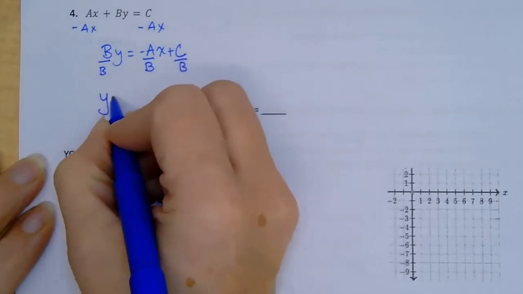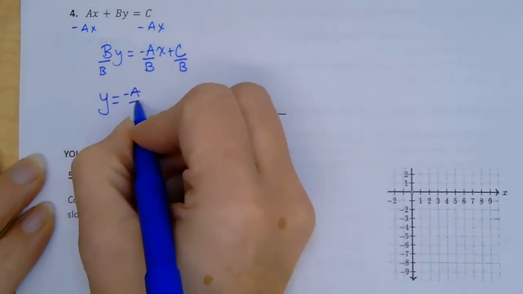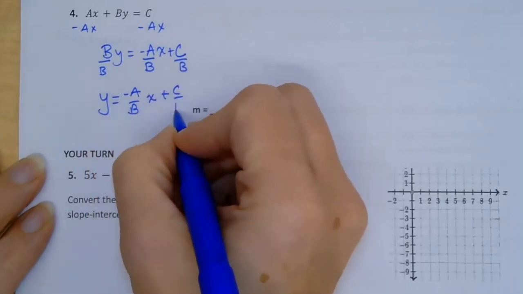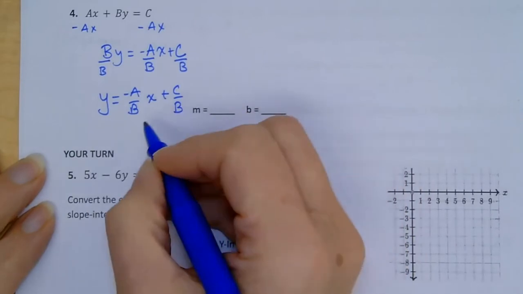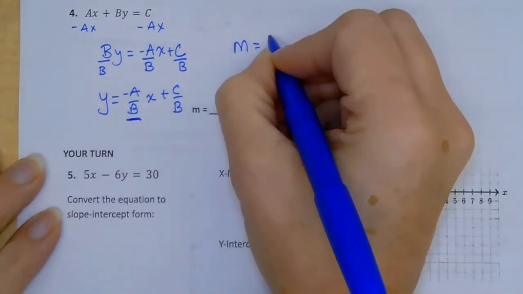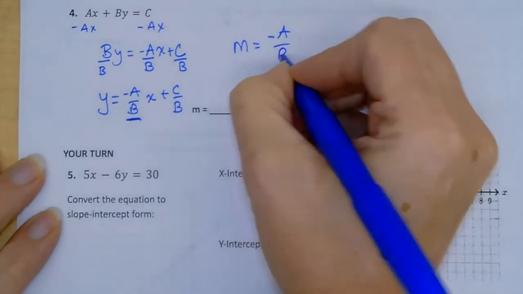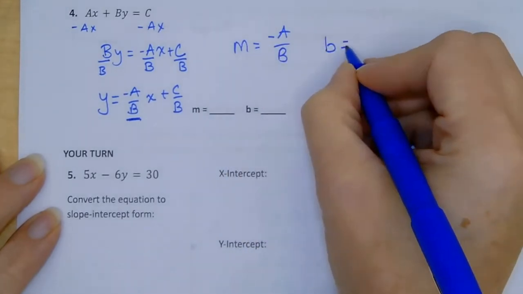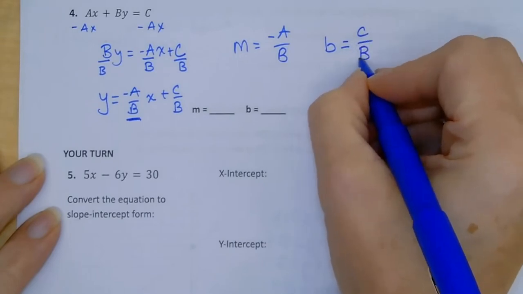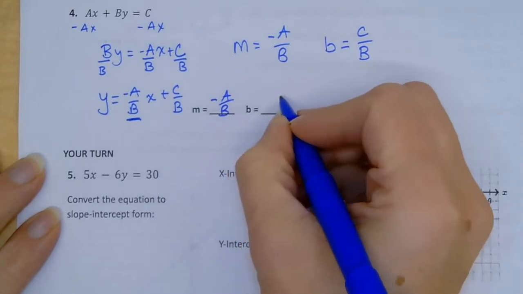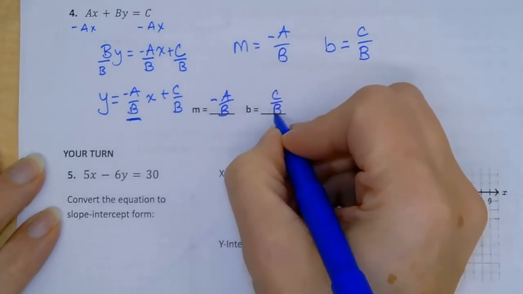Now I've solved, and I know y equals negative a over b x plus c over b. See how we can find the slope? Slope is always equal to then negative a over b, right? And the y-intercept is always going to be equal to c over b. So we'll write this down here. The slope is negative a over b, and the y-intercept is c over b.